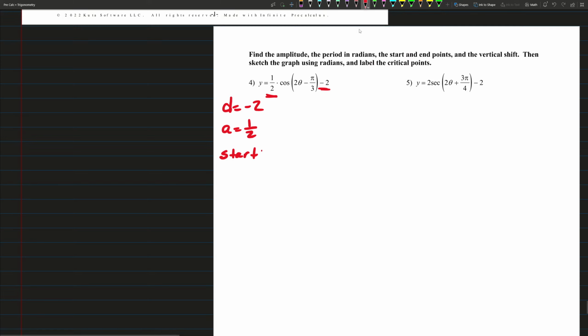And that's when we set our entire angle equal to 0, and then we solve for theta. So we add pi over 3 to both sides, and then multiply by 1/2. Do the same thing for the end, except now we're going to set this equal to 2 pi.